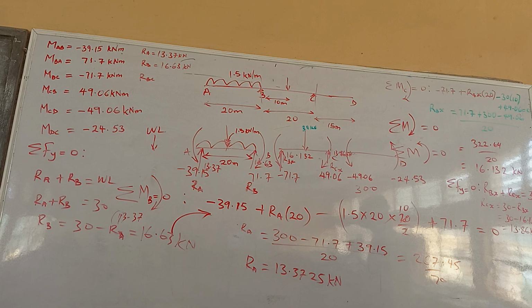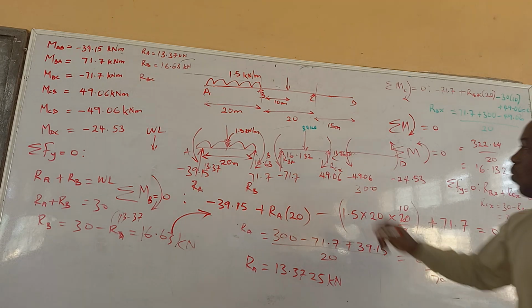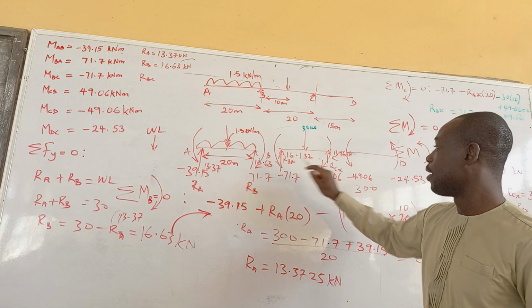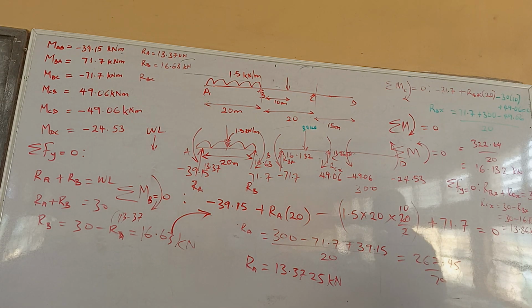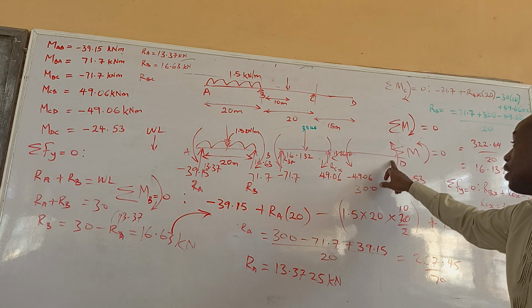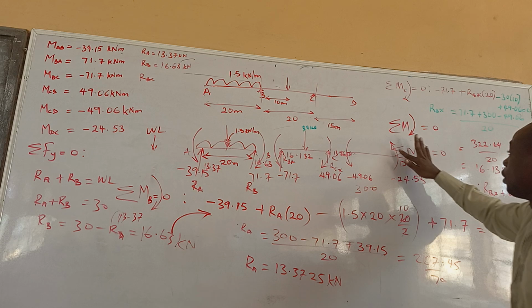The same thing you did, we're going to now take this one into consideration this time around. We want to look at this one. We have gotten the shear force here, shear force here. That's the member end shear force. We have gotten all of them, remaining this and this. So how do I go about this?